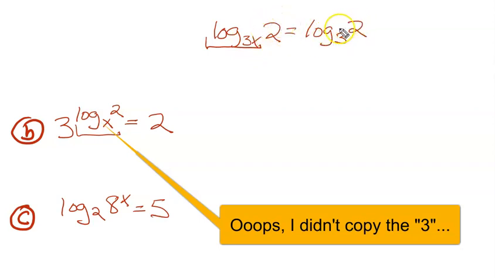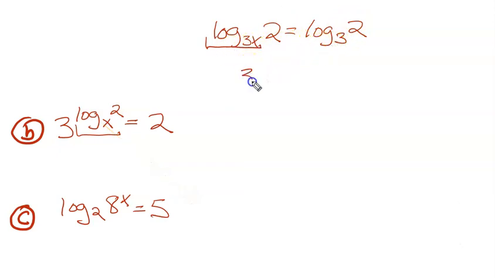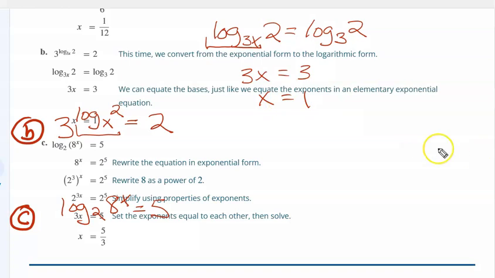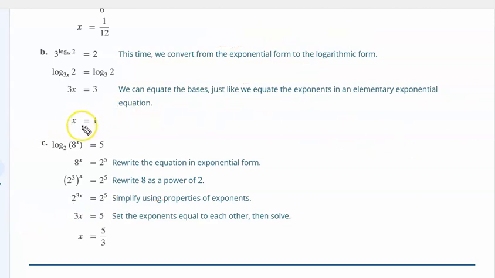Our answers are equal, so our log values should equal each other. So that would be 3x equals 3. Dividing by 3, we get x equals 1. And let's go back and check it out. And we see there it is, x equals 1.